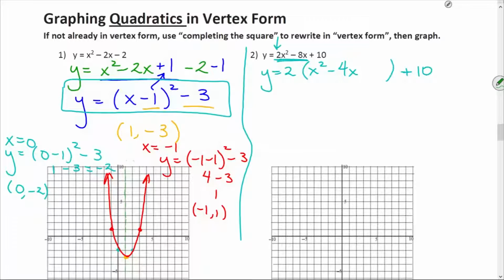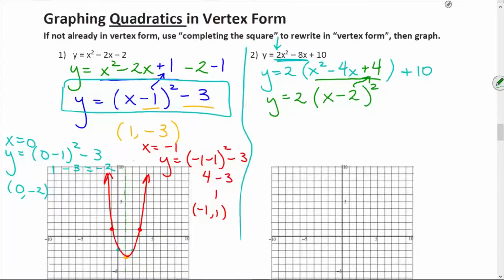Okay, so the next thing I do is I think about, well, if this was a perfect square trinomial, then what would it be? Well, it's x, and then half of negative 4 is negative 2 squared. That's the perfect square trinomial that it would have to be to give me an x squared minus 4x. Okay, but the number here would have to be negative 2 squared, which is negative 2 times negative 2, which is a positive 4.